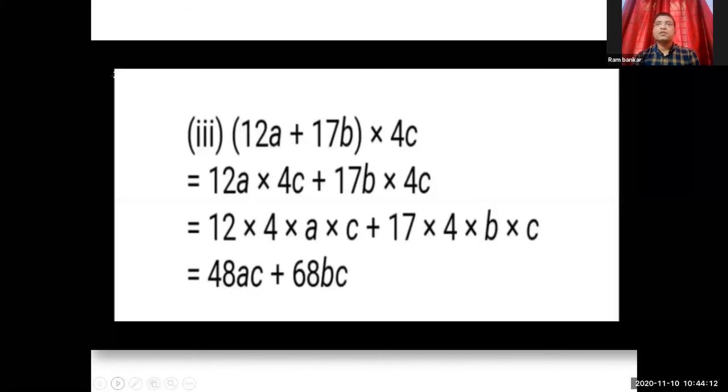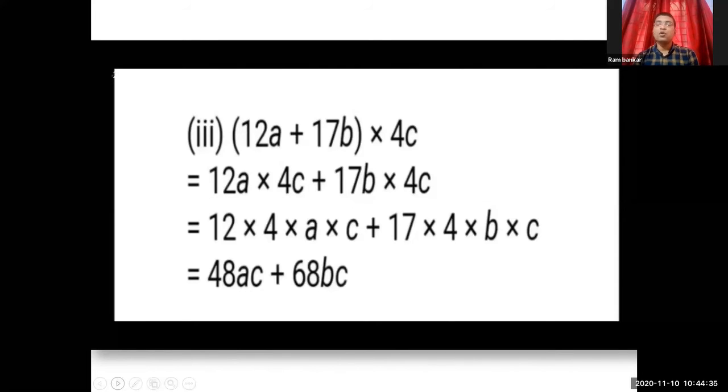Dear students, now this is the binomial into monomial. 12a plus 17b into 4c. Now we have to multiply this monomial with both the terms in that first expression. Okay, it means 4c into 12a, 4c into 17b.